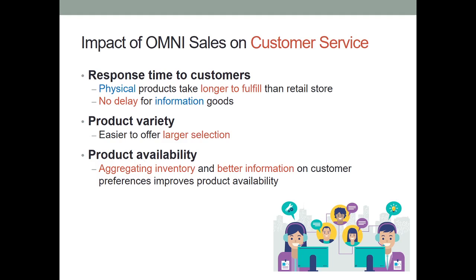In terms of product availability, it is also very high, because by aggregating the inventory by colors, the company can acknowledge that customers would prefer the black color products, so they will keep more black color stock. So product availability is high in terms of the online channel.